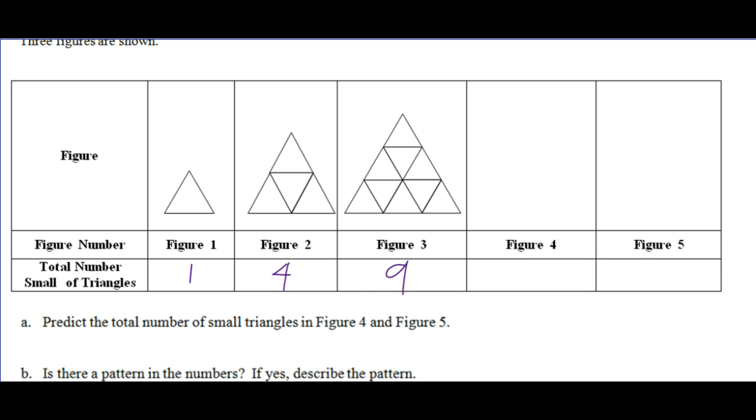So you need to draw figure 4 and figure 5. So it looks like we're starting with a triangle, and then we put a base underneath it made up of triangles, right? In this case, 3, and then in this case, 1, 2, 3, 4, 5. And then each of these guys.